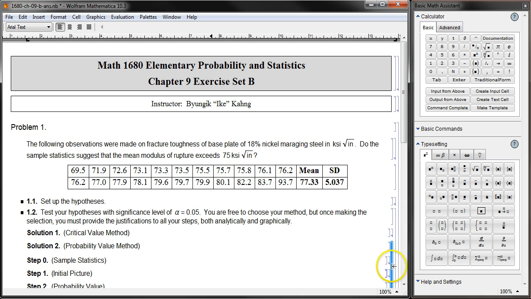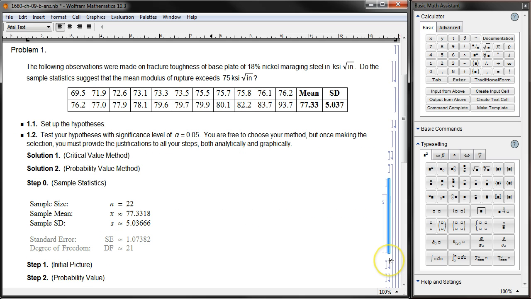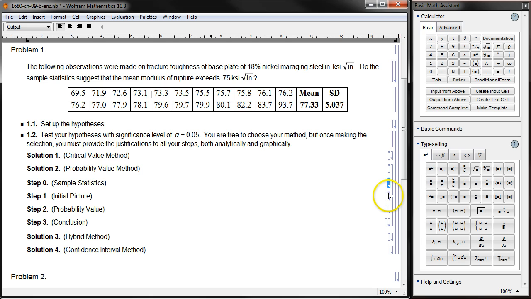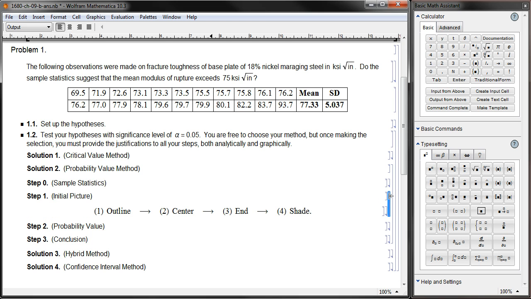Okay, sample statistics. Well, here they are, sample size of 22. Consequently, the degree of freedom is 21. Sample mean, sample standard deviation is there. Calculating S over square root of 22, you can find out the standard error. Alright, and let's draw a picture associated to the p-value approach.